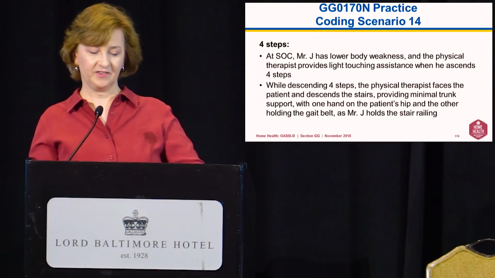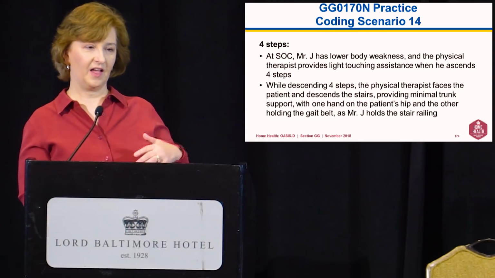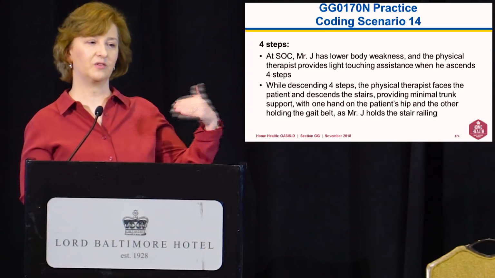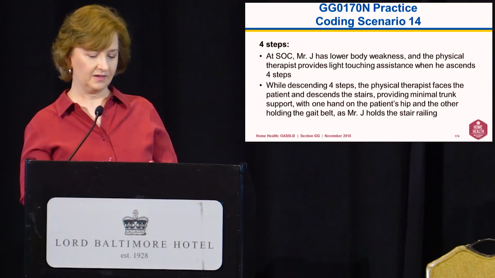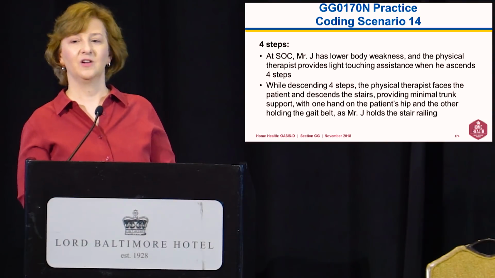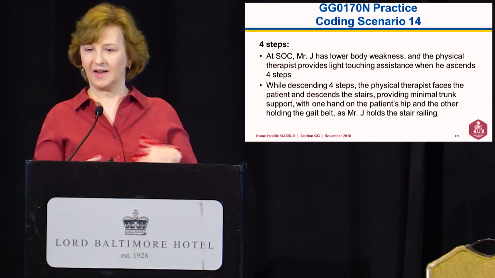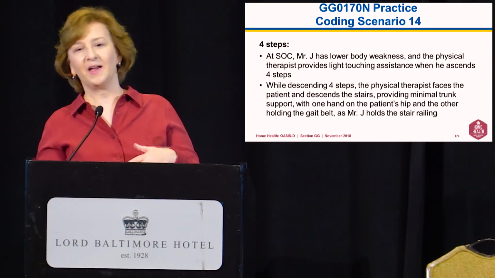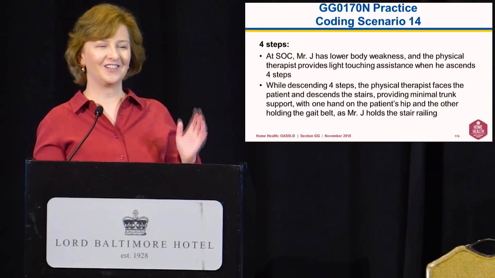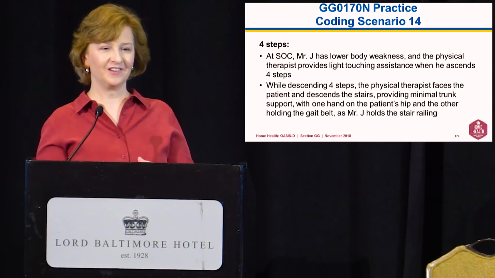So we have a bit of a different situation here in that the type and level of assistance going up the stairs and going down the stairs is different, and more assistance is needed to go down the stairs. So in the event that going up and down or getting in or out of bed, so different angles of the activity, so different times that it occurs, there's differences.